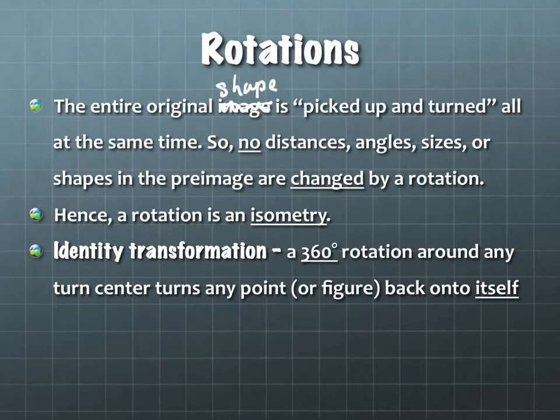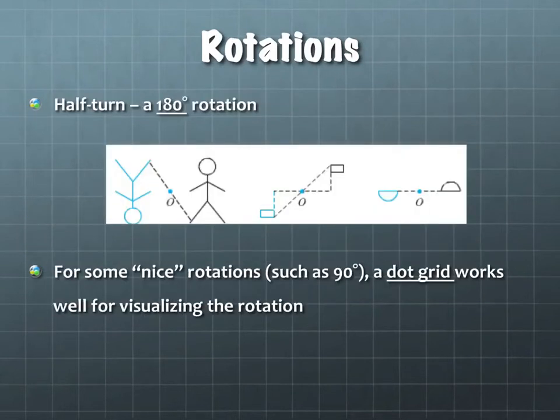Or what they might accidentally have meant to say was 180 degrees, because that's misspoken a lot. Okay, so 360 degrees means spinning something all the way around from where it was. That's an identity. Specifically, a 180 degree rotation has another name. It's also called a half turn.